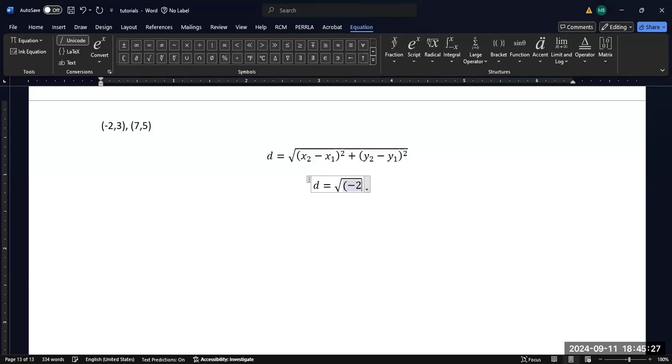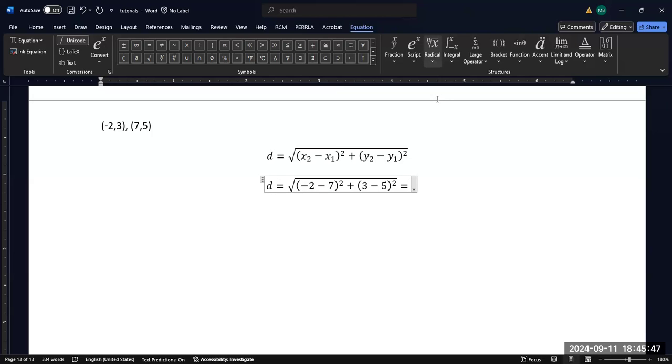So in this case, I'm going to have (-2 minus 7) squared, and I'm going to have (3 minus 5) squared. I'm just subtracting from left to right with the first coordinates and the corresponding second coordinates.